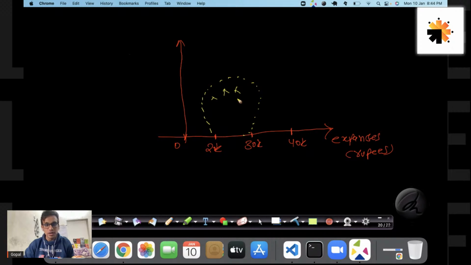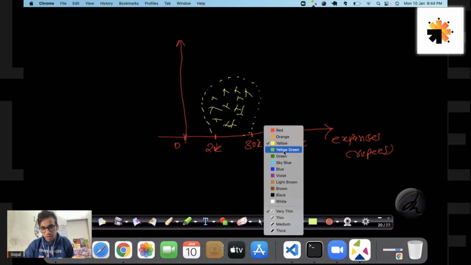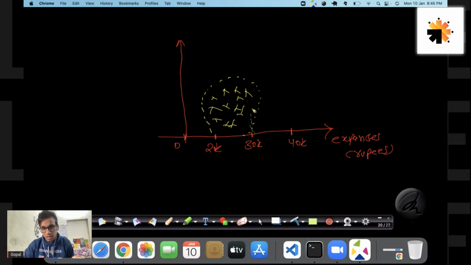So what usually happens whenever you make a purchase, your purchase lies in this region, most of the times. You also make some purchases here, but not frequently, as with 20 to 30K. So you have 30 to 40K less than 20 to 30K.